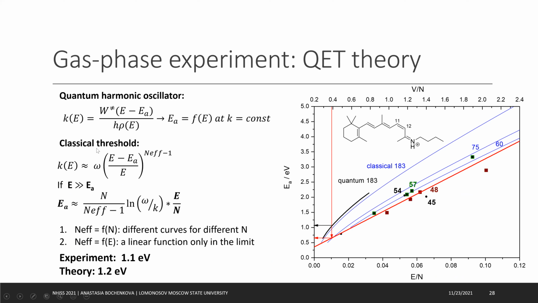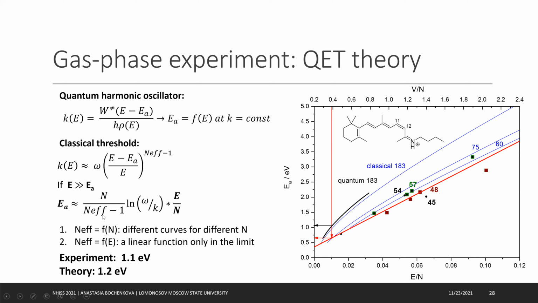And with the help of this theory, we are able to calculate the rate constants depending on the total internal energy that the molecule has. If we fix our rate constant, which is basically done in their experiments, we can say that the activation energy can be correlated with the total internal energy. But to get the analytical expression for the activation energy as a function of the total energy, we need to make some assumptions.